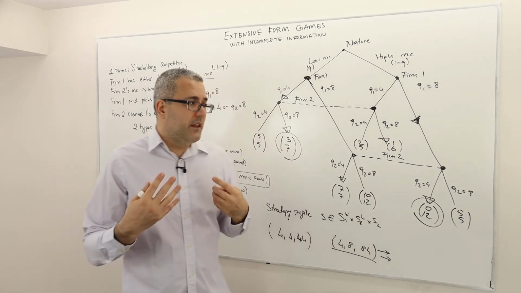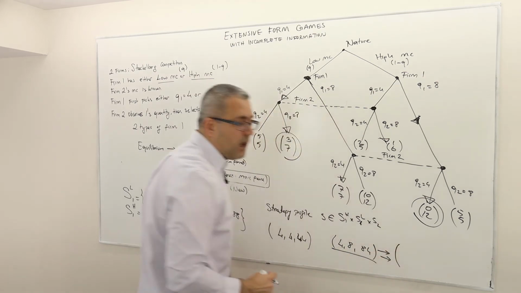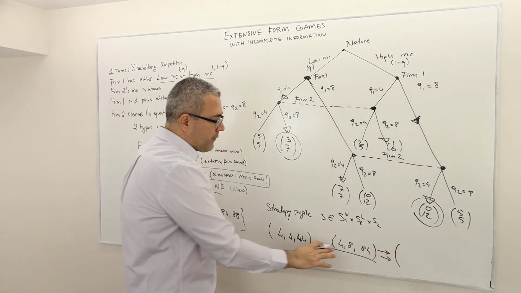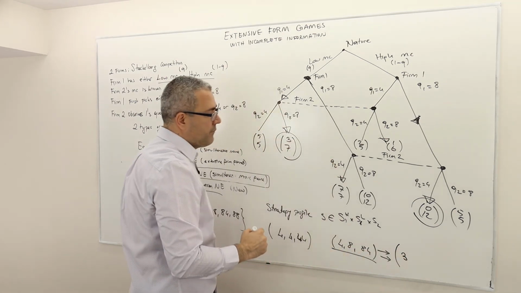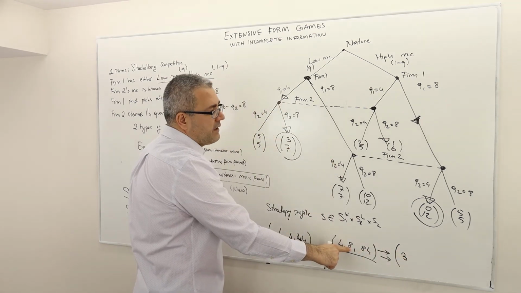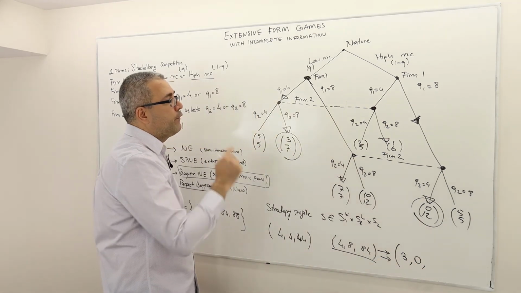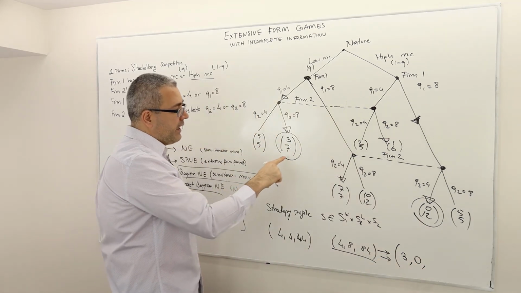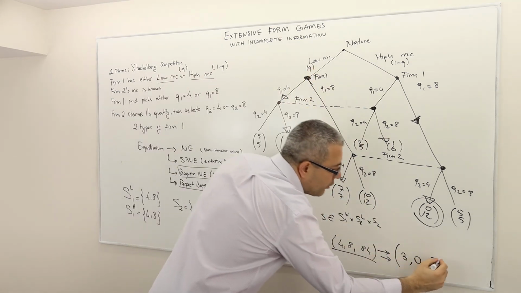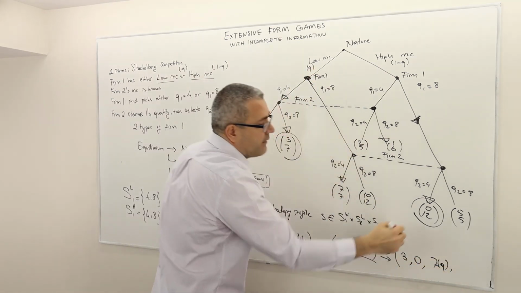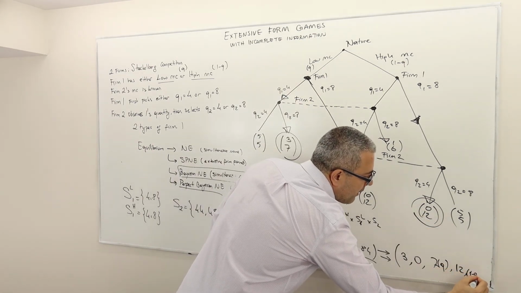So what does that mean? Therefore, if this is the strategy profile, the payoffs are going to be as follows. Firm 1 of low type is getting 3 units of payoff. Firm 1 of high type is getting 0 units of payoff. What about firm 2? Firm 2 is getting 7 units of payoff with probability q, and 12 units of payoff with probability 1 minus q.